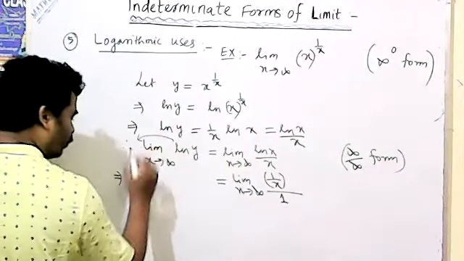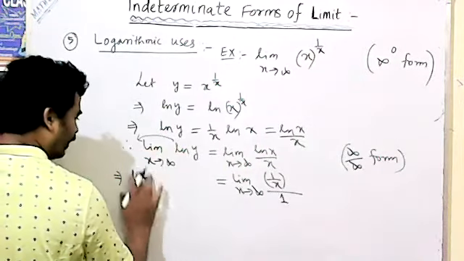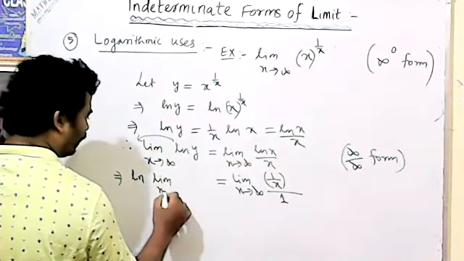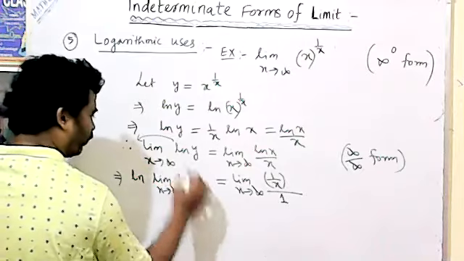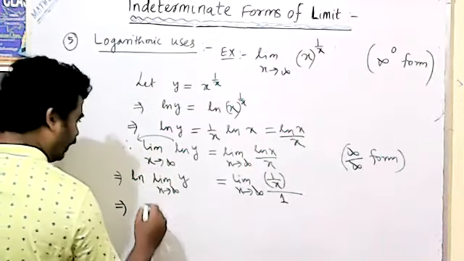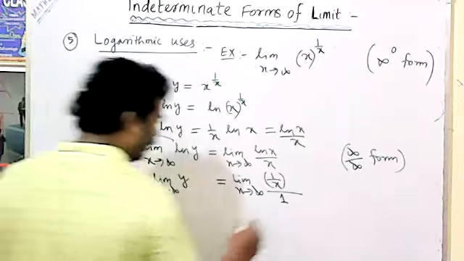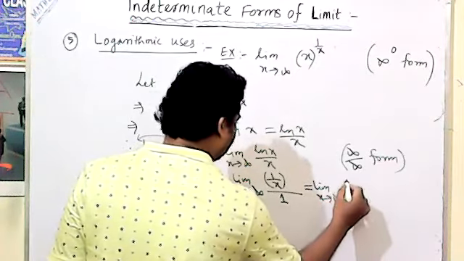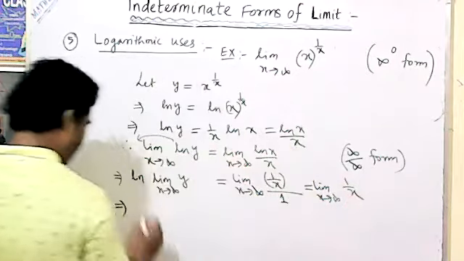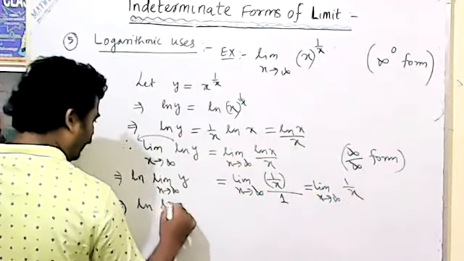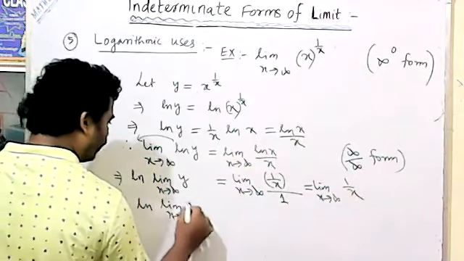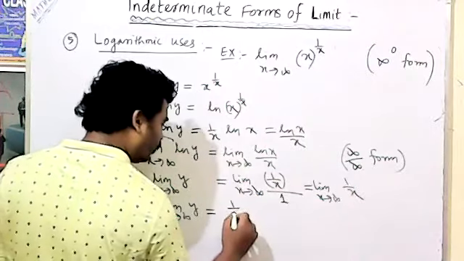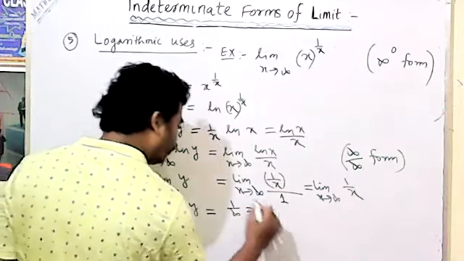Here ln comes outside and the limit goes inside: ln of the limit as x tends to infinity of y is equal to the limit as x tends to infinity of 1 by x. Putting x as infinity, 1 by infinity is equal to 0.